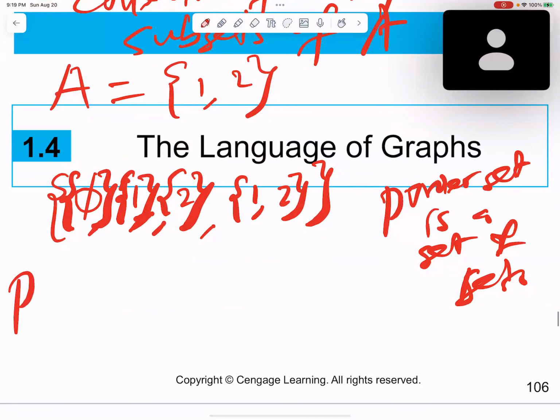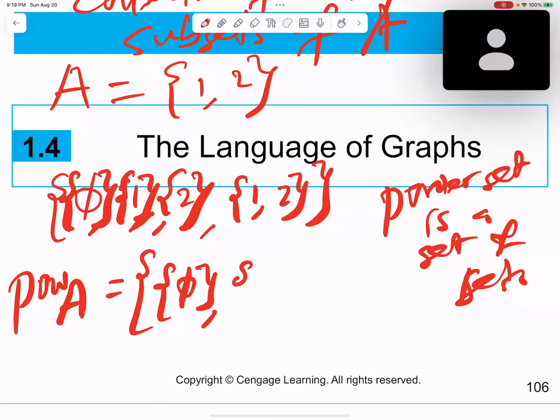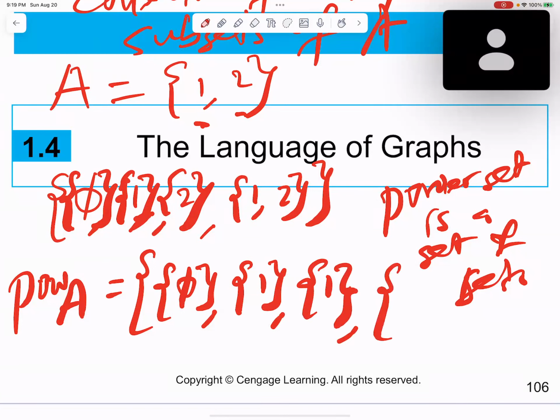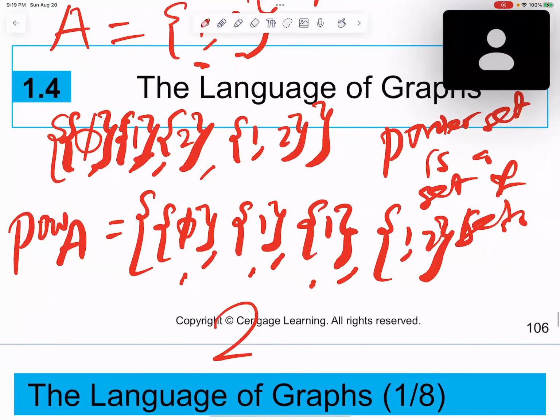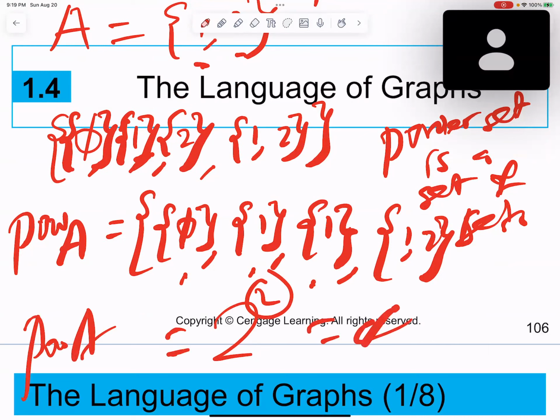So your power set of A, let me call it P(A), equals the collection of all possible subsets of A. The {1} is there, {2} is there. They must be in a set notation when you are putting them in a power set, and the original set itself. So I have altogether 1, 2, 3, 4, which is 2 raised to the power 2. The power set of A contains 4 elements, which is 2 raised to the power 2.